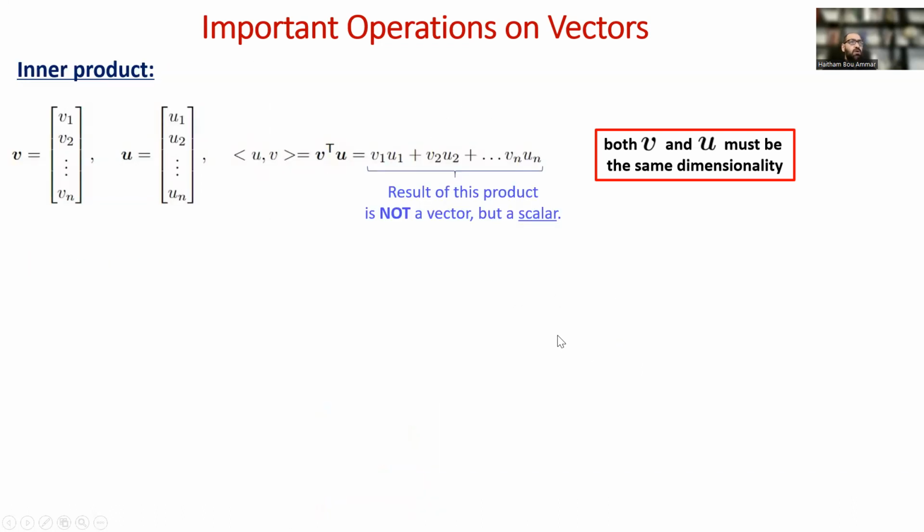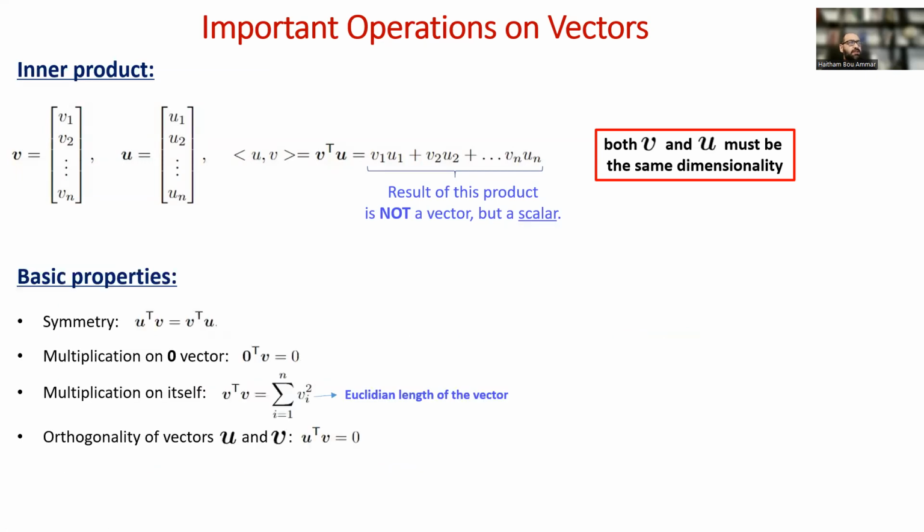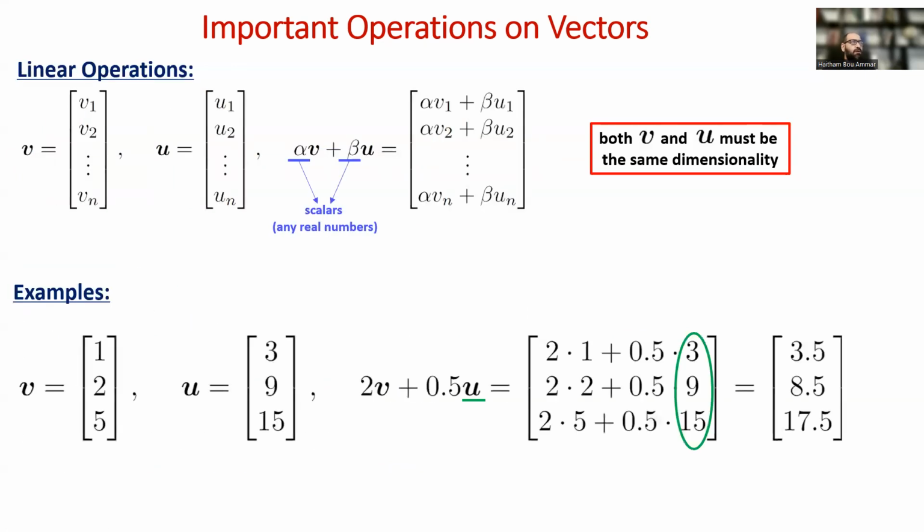All right. So far, concerning vectors, we have discussed a couple of operations. One of them is the linear combination, alpha v plus beta u, where you multiply alpha by every component, beta by every component, and then add the corresponding coordinates.